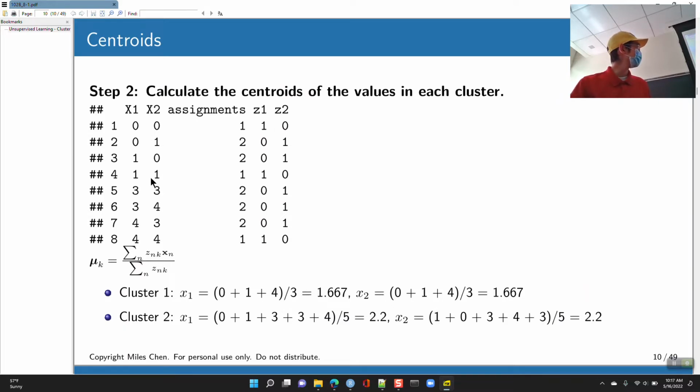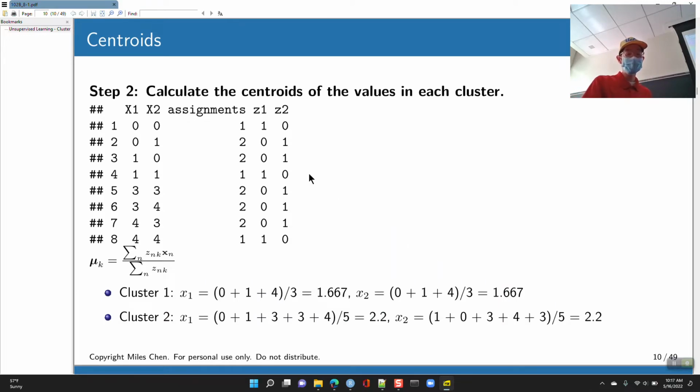Basically the x1 mean is going to be 0 plus 1 plus 4 divided by 3. I get 1.667. And then I do the same for x2: 0, 1, 4, 3. And just by coincidence, I also get 1.667 here.